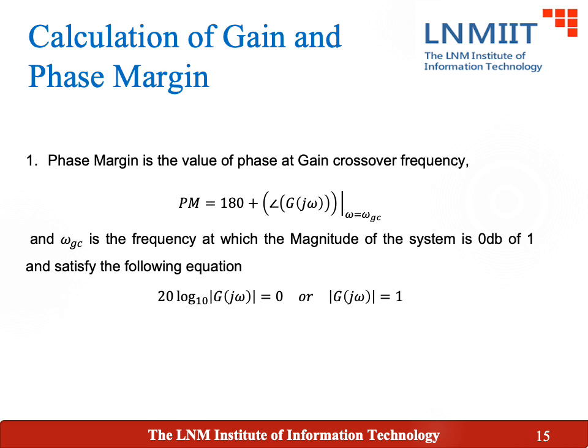If you are not measuring in dB, then the gain of your system should be equal to 1. If you solve this equation, mod of G(j omega) equals 1, then you will be able to find the value of the gain crossover frequency, and substitute that value in the phase margin formula, and you will have the phase margin of the system without actually plotting a Bode plot.